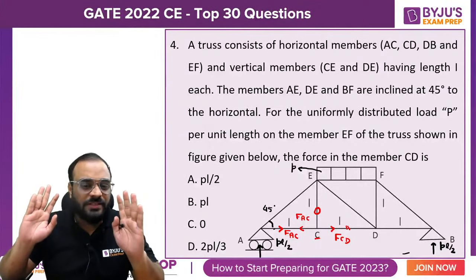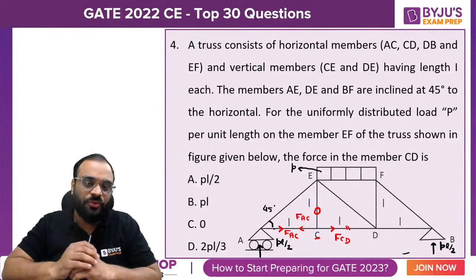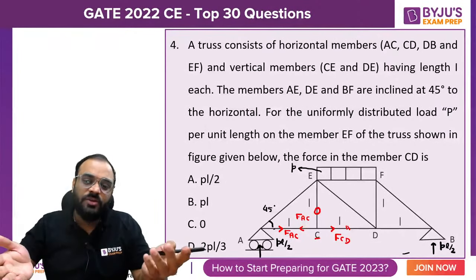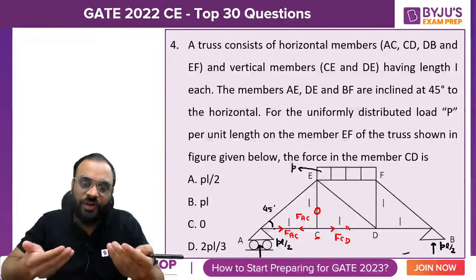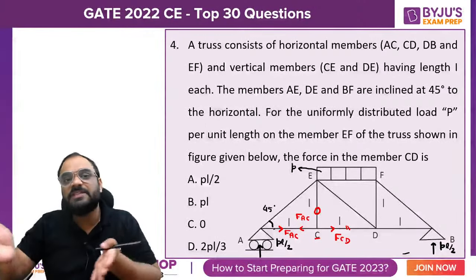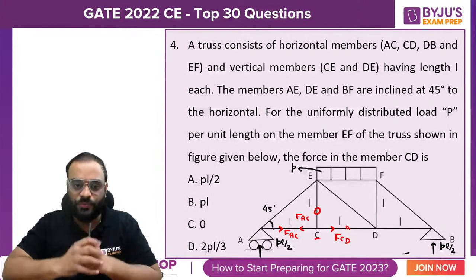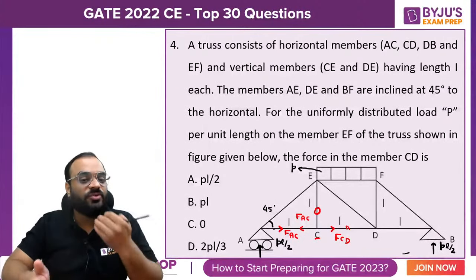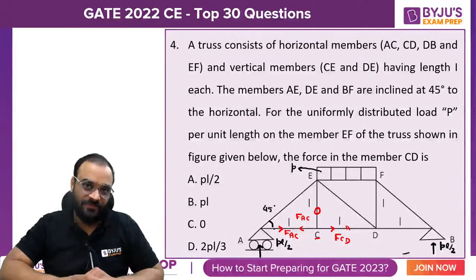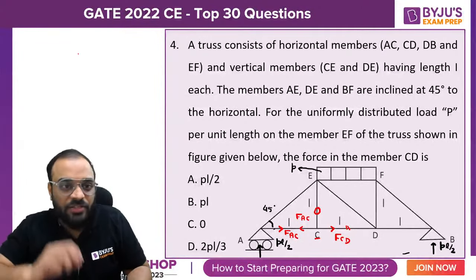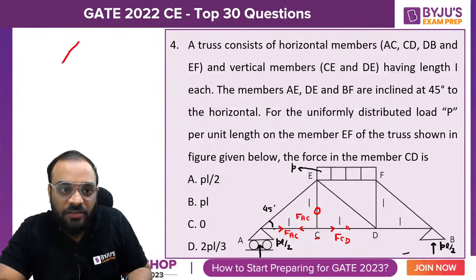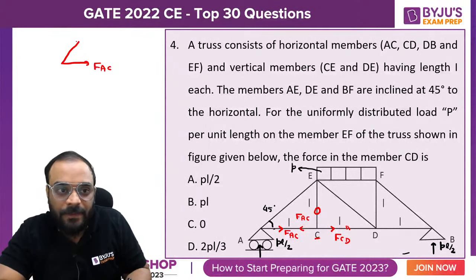If you are able to find out the force in CD member, then you are able to get the answer for AC also. Or if you are able to find out the value of AC, that means you are able to get the value of CD also. So our task is to find out AC, and the same values will be applicable. So just need to draw an FBD. So this one is FAC and this one is FAE.